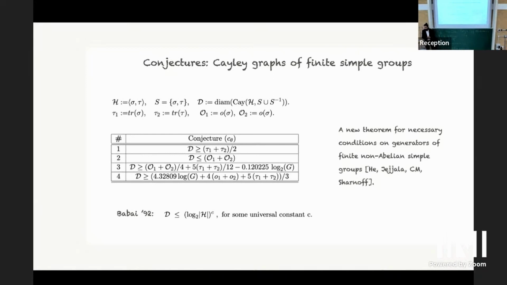And I was tempted to remove conjecture number 4, but I kept it there because although it looks ugly, it sort of highlights why the domain expert is important here. This is potentially a completely useless conjecture.